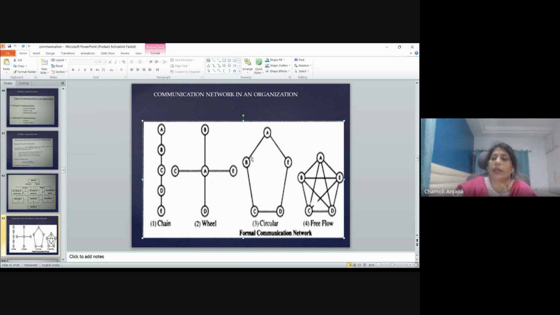So likewise, every employee is allowed to communicate or exchange messages with the people who are sitting next to them but not beyond them. This kind of network becomes very messy and very noisy if the members are more in number, because this is uncontrollable. He is speaking to these two, he is speaking to these two, so it's very unorganized.